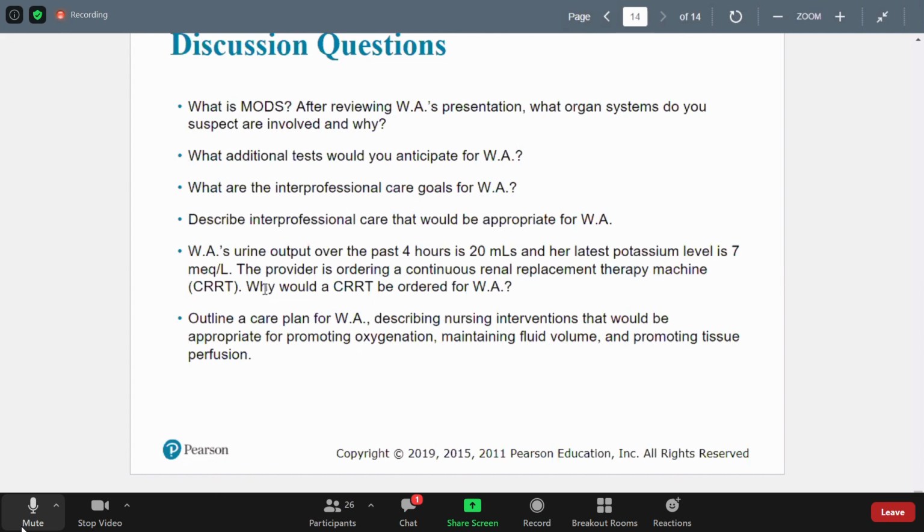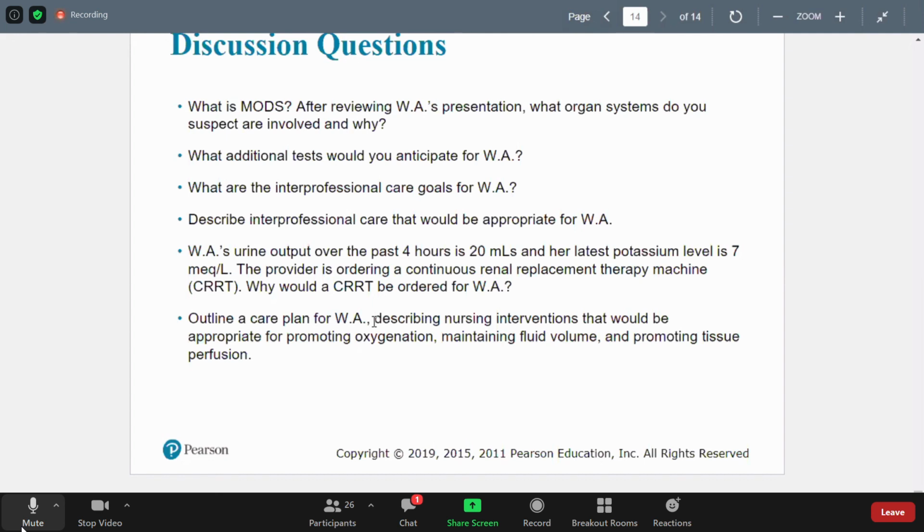Okay, outline a plan of care for WA. We already said oxygenation. She is on a ventilator. When she's on a ventilator, what are the nurse's responsibilities? Check the PEEP. RT will check the PEEP, but keep an eye.